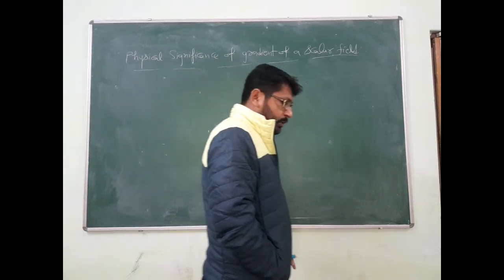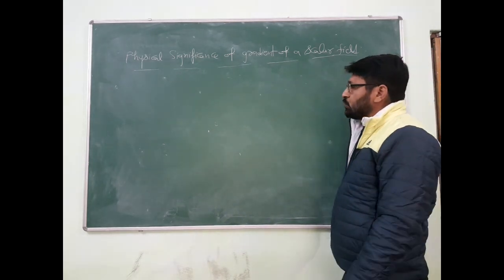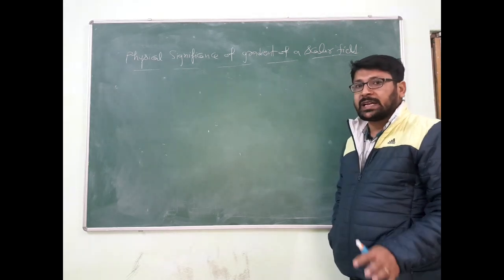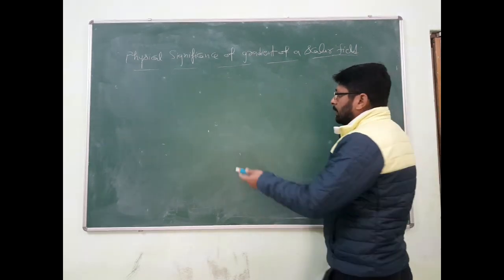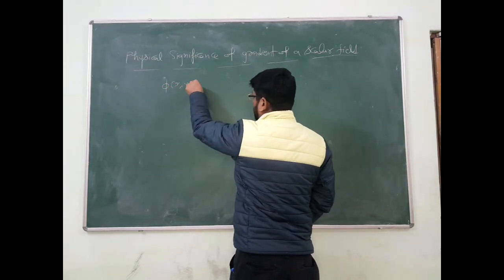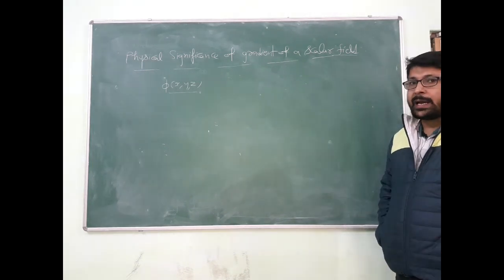So suppose in any scalar field we have joined all the points having the same value of that scalar point function. This scalar function we have defined like this, phi at x, y, z.